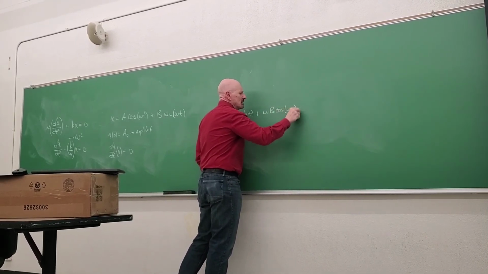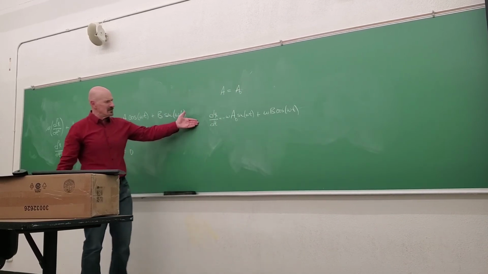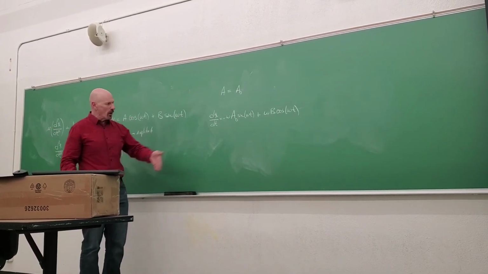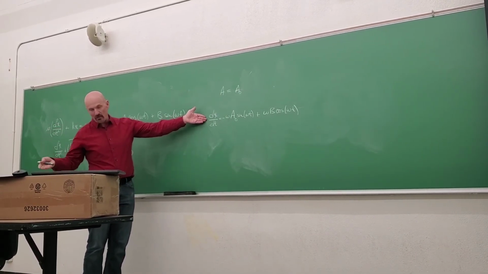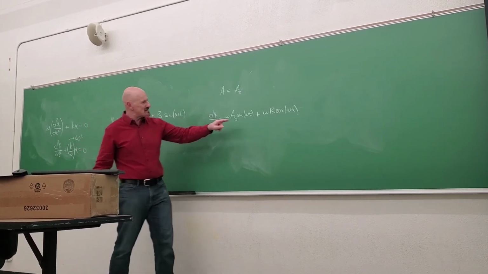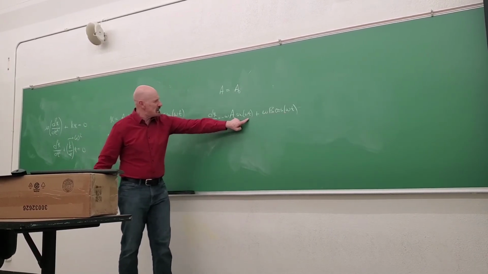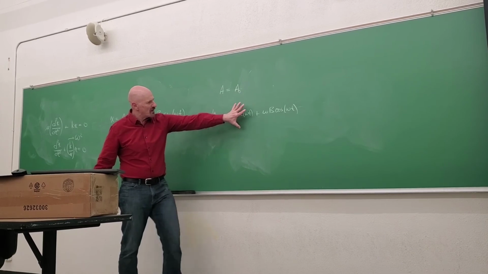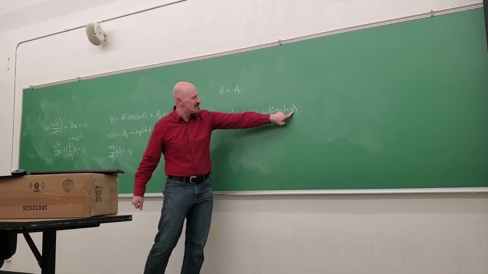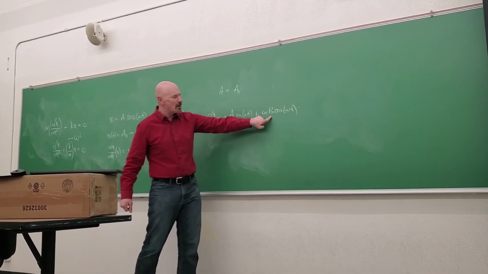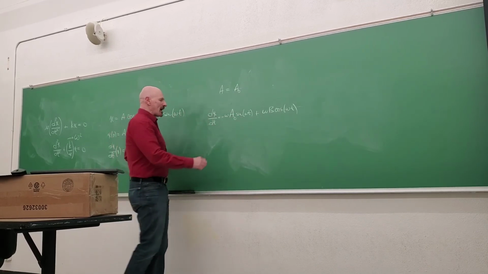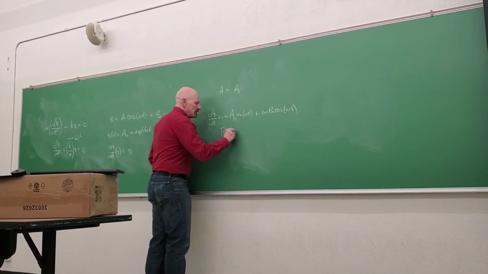And again, at t equals 0, the velocity is 0, it's not moving. If I put 0 in for t here, that whole thing goes to 0. If I put 0 in for that t, that becomes omega B. So from that, I deduce that B is equal to 0.